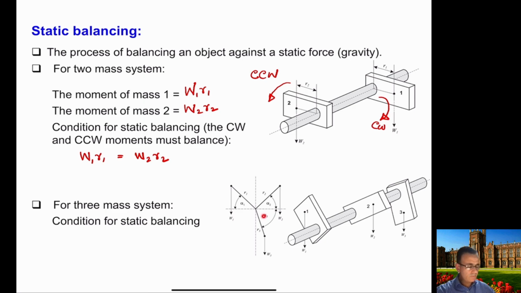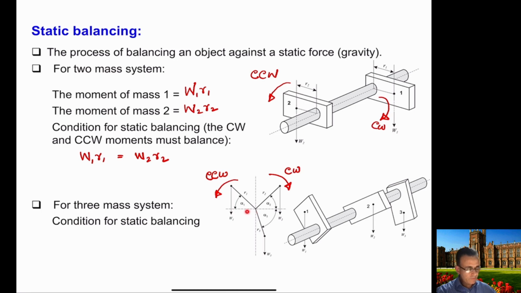Now, similar to the two mass system, this system will be statically balanced when the clockwise and counterclockwise moments must be the same. As we can see from this figure, W1 will try to rotate this system in the counterclockwise direction, and W2 and W3 are trying to rotate the system in the clockwise direction. So this is the clockwise direction here.